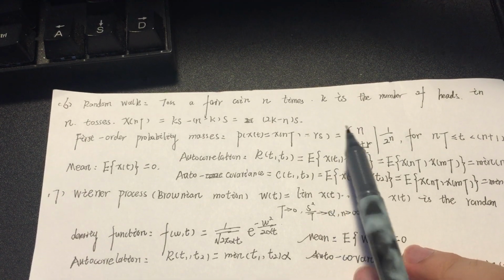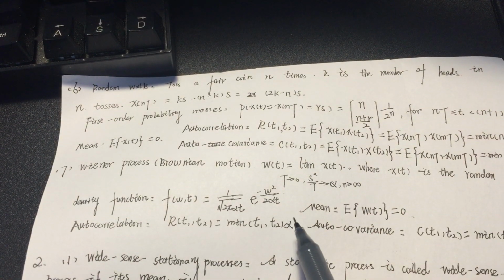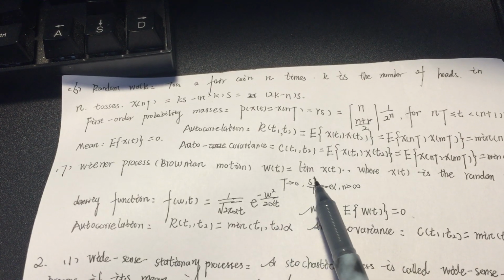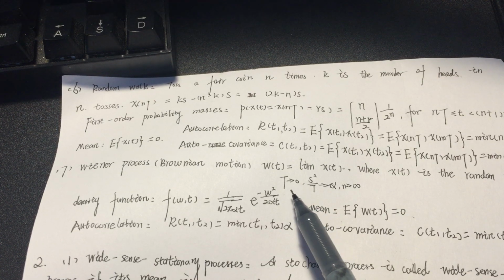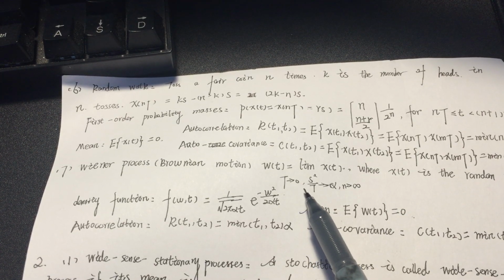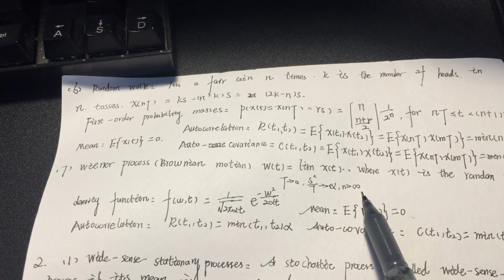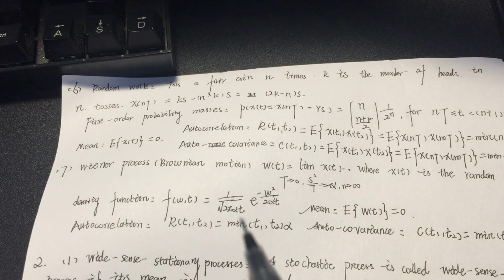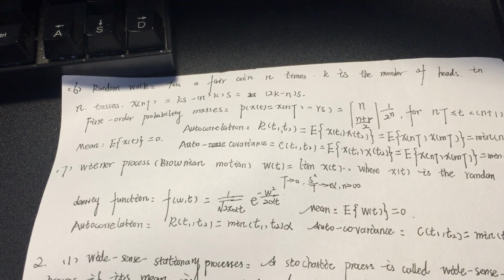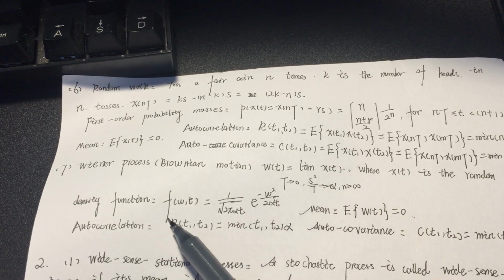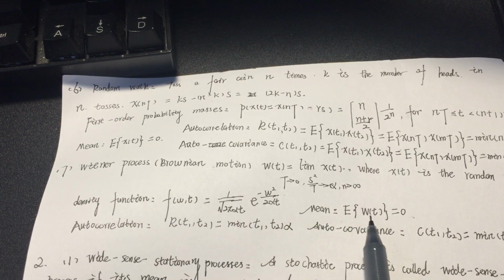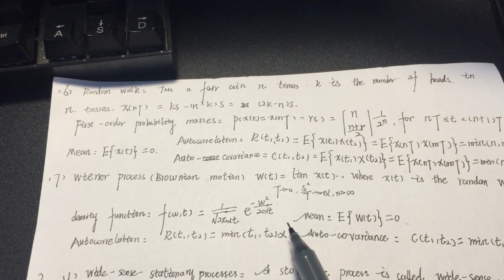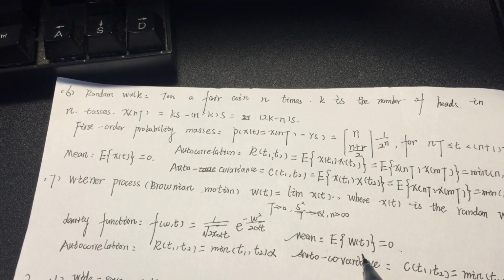The Wiener process W(t) equals the limit of X(t) when T goes to 0 and n goes to positive infinity, when X(t) is a random walk. The density function is the following equation, and the mean is the expectation of W(t).